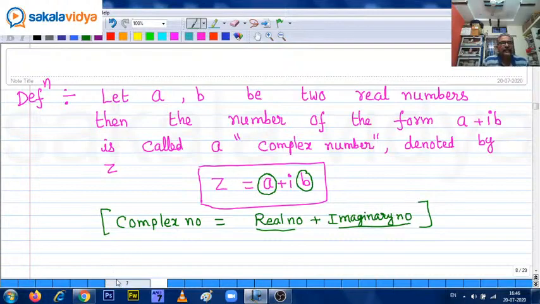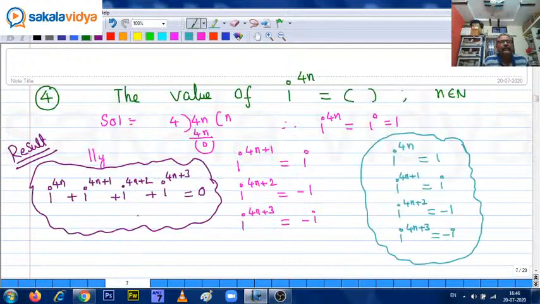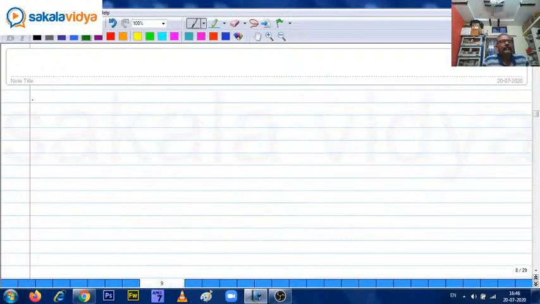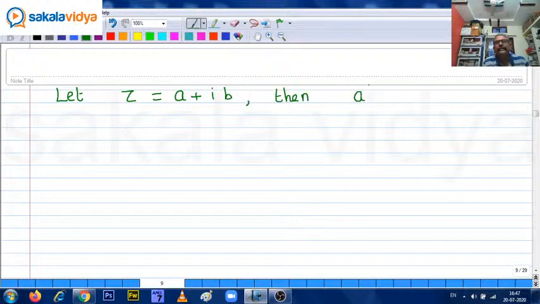Okay, let us discuss now. Next. Let z is equal to a plus ib. Then a is called the real part of z.